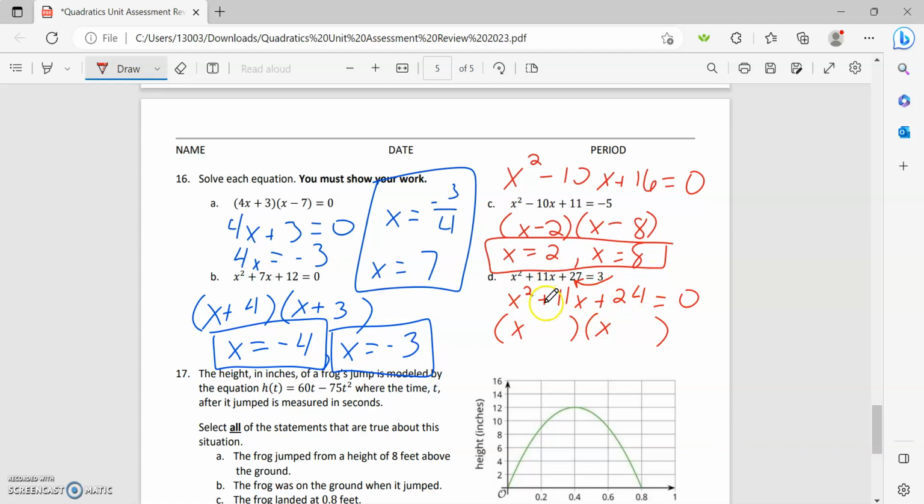They're both positives, so x plus something, x plus something. What two numbers multiply to 24 that get me 11? Well, I'm going to shortcut that for you. That's 3 and 8. So my answers are x equals negative 3. Remember, I'm trying to get the parentheses back to 0. So x is negative 3 or x is negative 8.